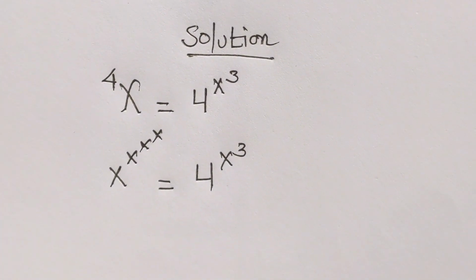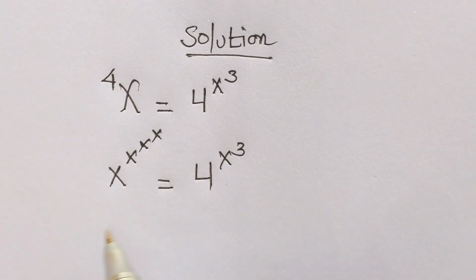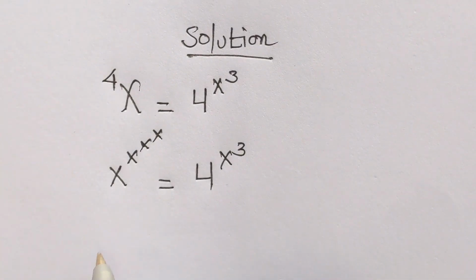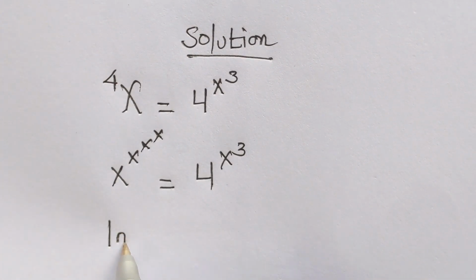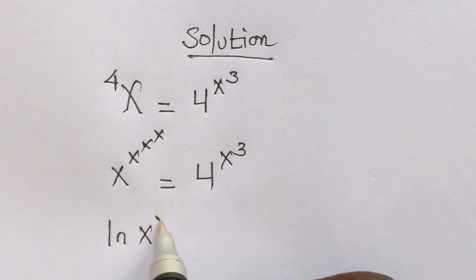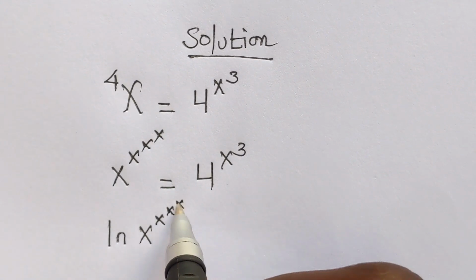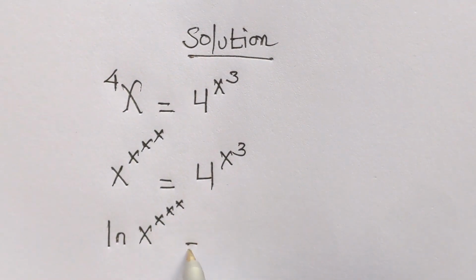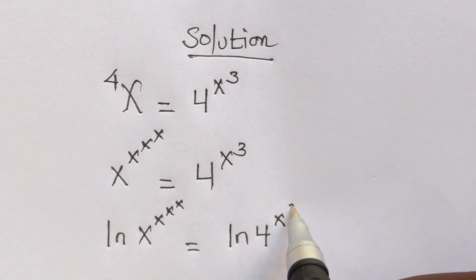Then here at this stage we can apply natural logarithm ln of x to the power x power x power x, which equals to ln of 4 power x power 3.